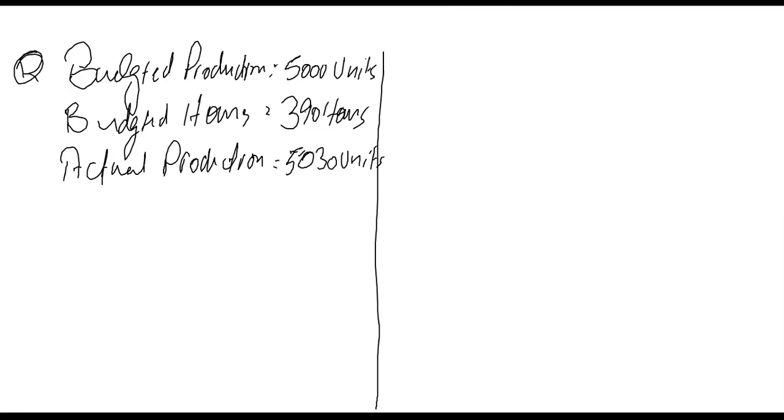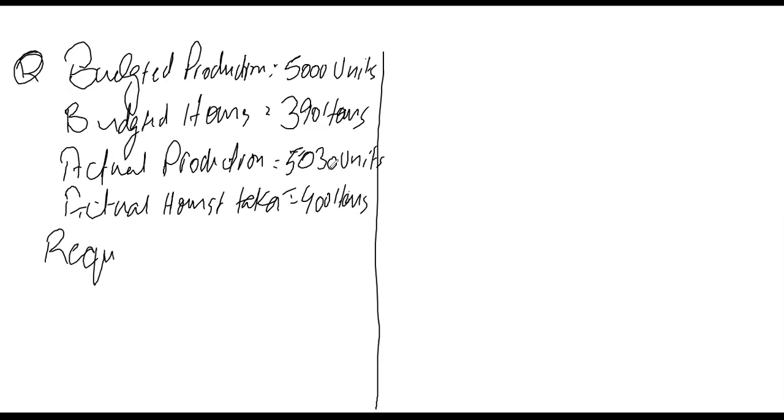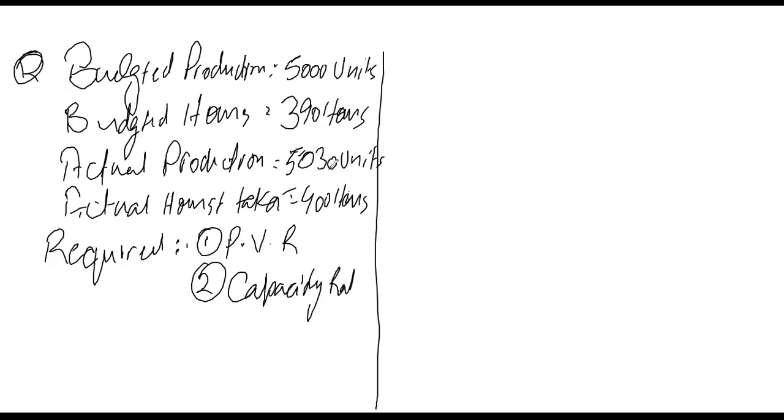The actual hours taken is 400 hours. Now what you need to calculate is the production volume ratio first, then the capacity ratio.